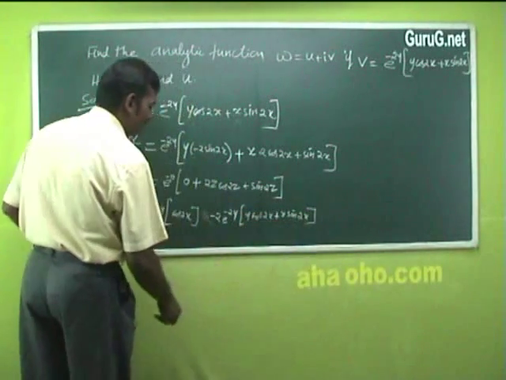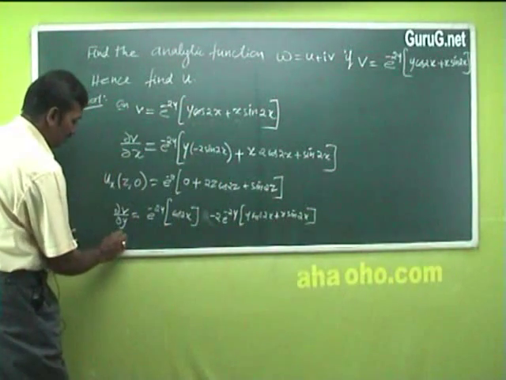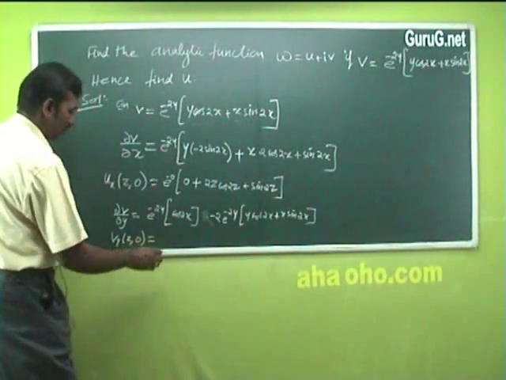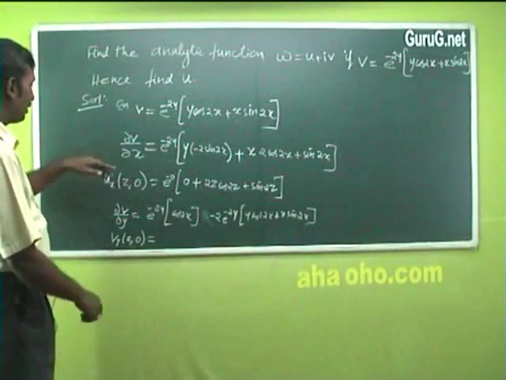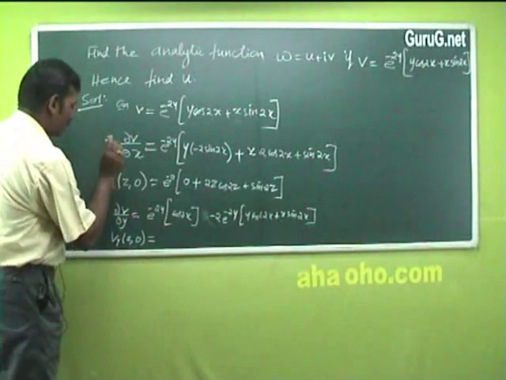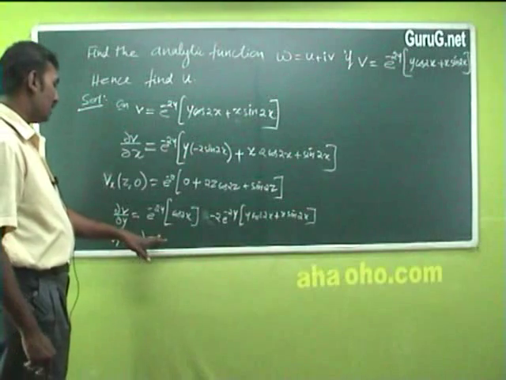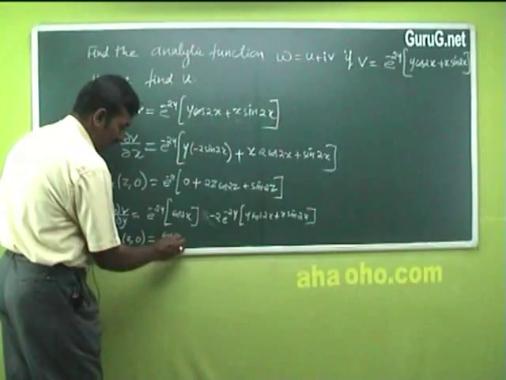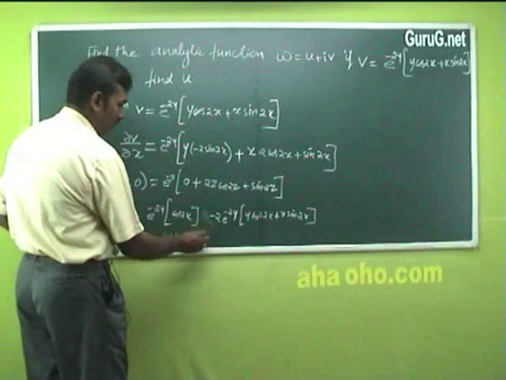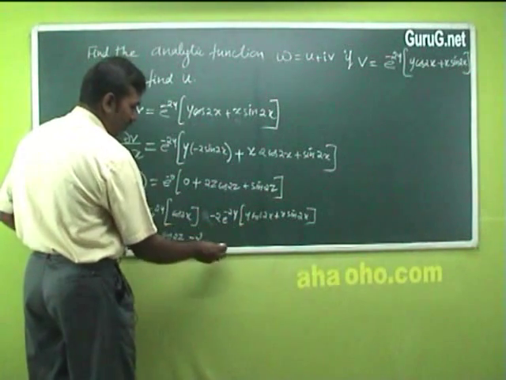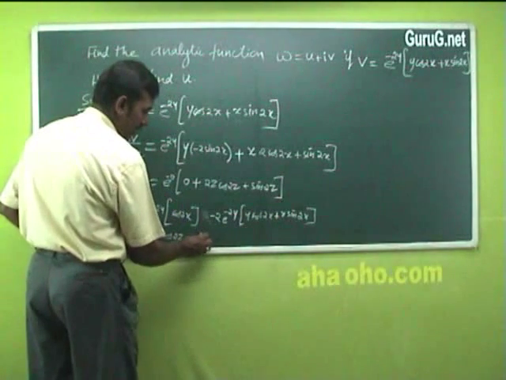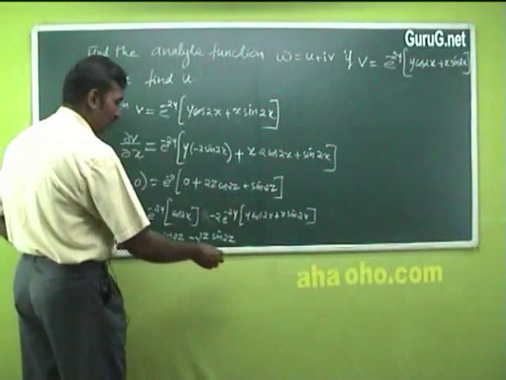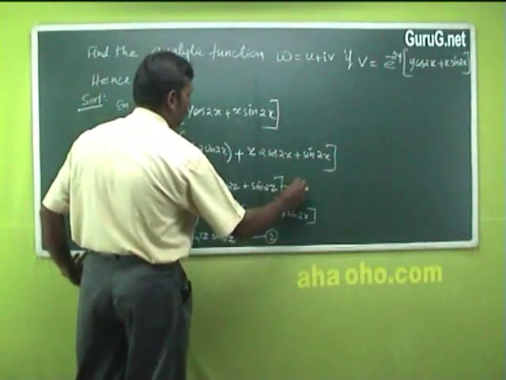Now replace x by z and y by 0. So vy of z comma 0, e power 0 is 1, so cos 2z minus 2 into e power 0, 1, into z sin 2z. This is vy and this is vx.